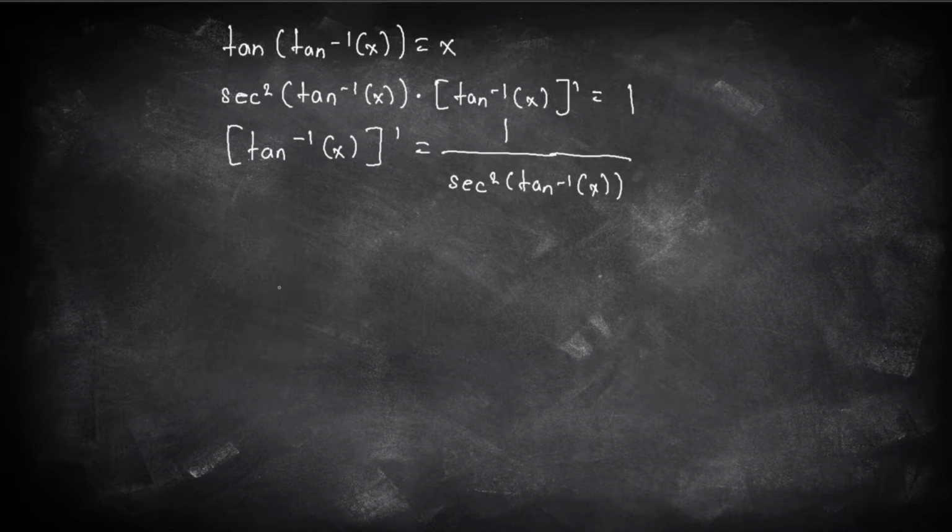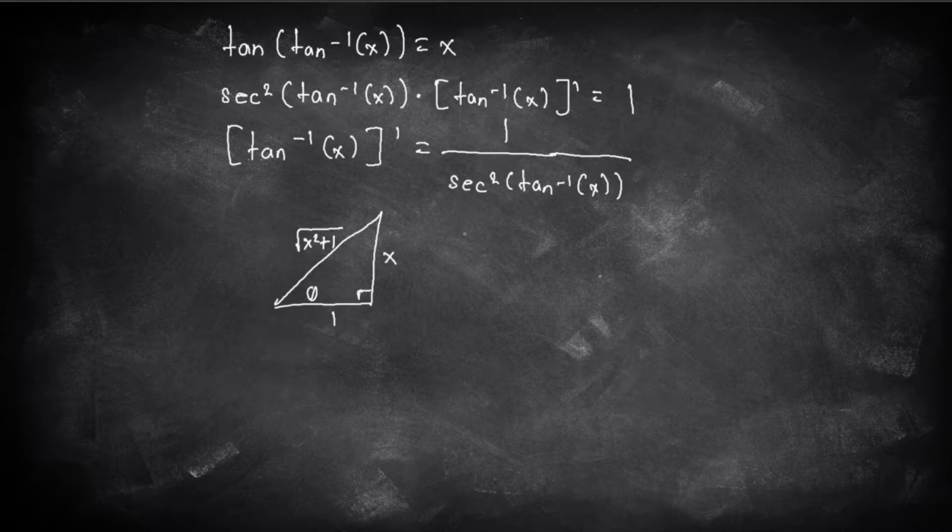So drawing our picture, we have theta. Tangent is opposite over adjacent, so that means it's x divided by 1, which gives us our x. Using the Pythagorean theorem, x squared plus 1 squared is just x squared plus 1, and then take the square root. So that's our hypotenuse.